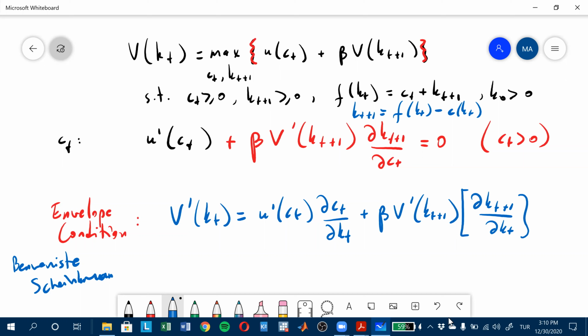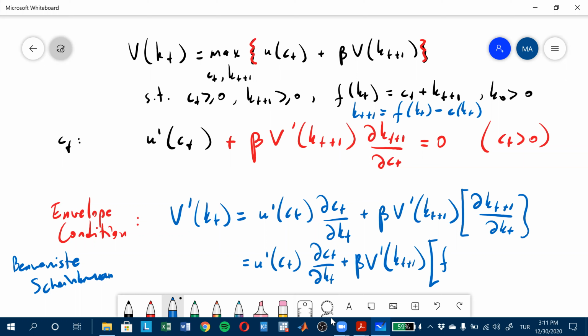So this must be the case, right? Because if K_t changes, the effect of this change on the left-hand side must be equal to its effect on the right-hand side. And this further satisfies this: F prime K_t minus C prime K_t, right?